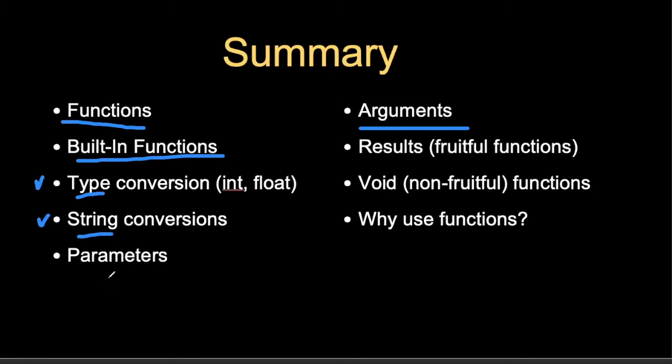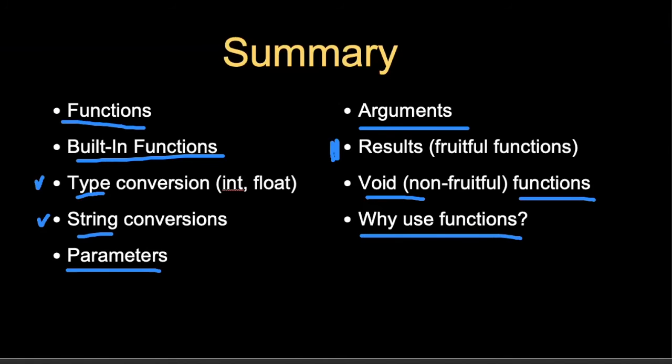We also talked about the difference between params and arguments, and the results using the return keyword, or the function that does not return anything, like void functions, and why use functions in general.